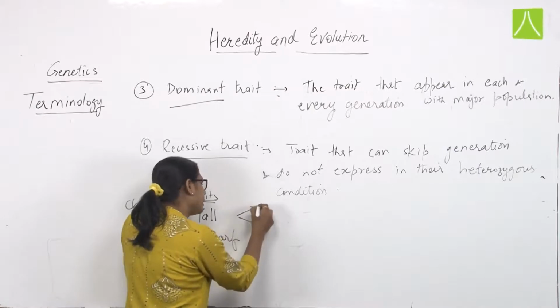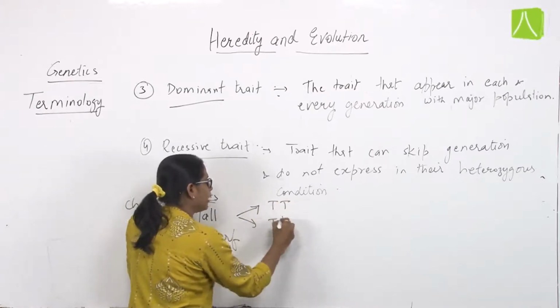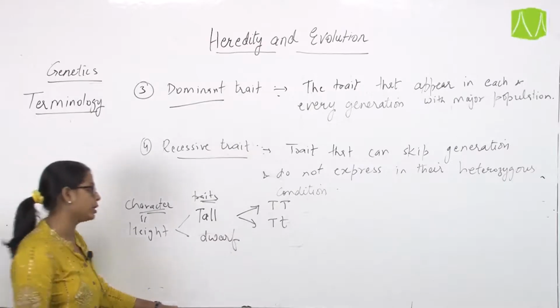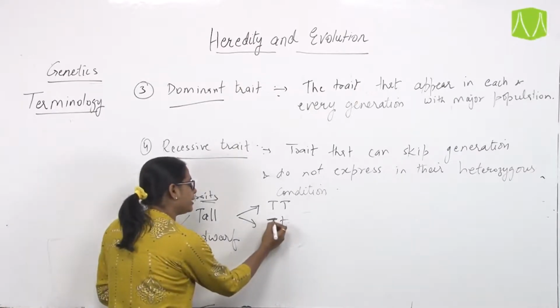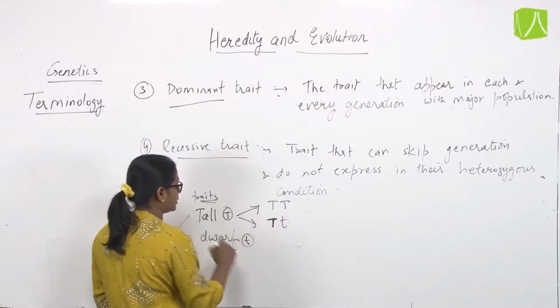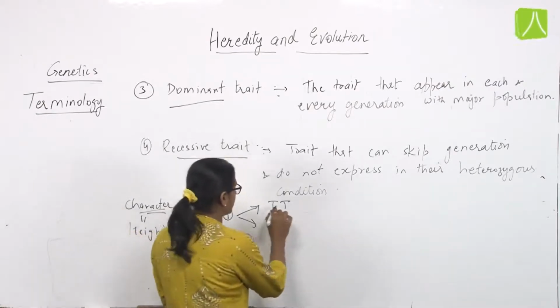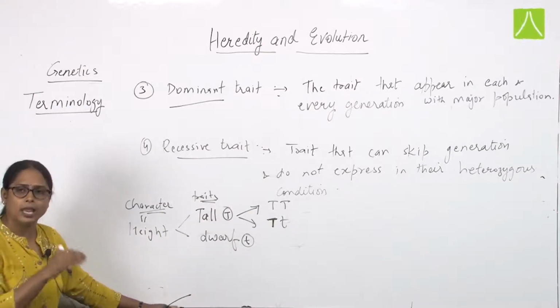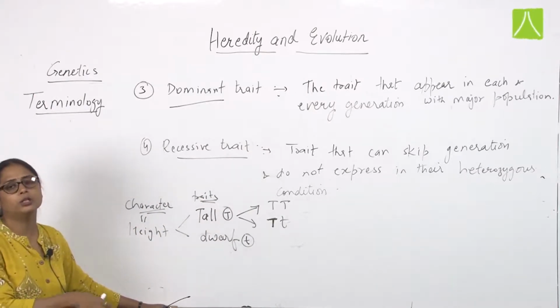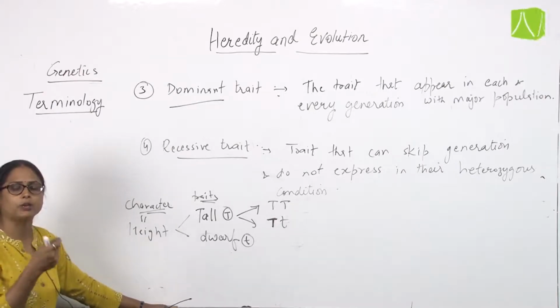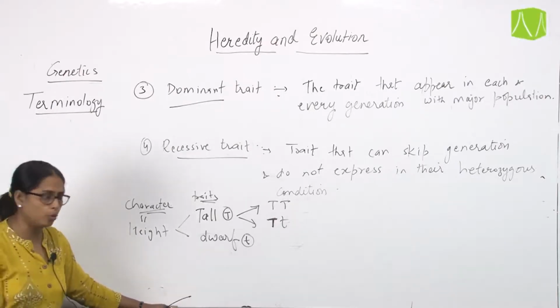Tall can express by two methods, either by capital T capital T or by capital T small t. Whenever this capital T comes, because tall is represented by capital T and dwarf by small t, it always appears tall because this is the dominant trait. Whenever it appears on the gene part, the trait that expresses is tall only.